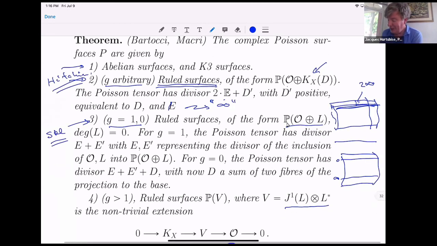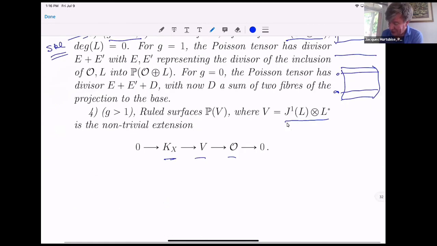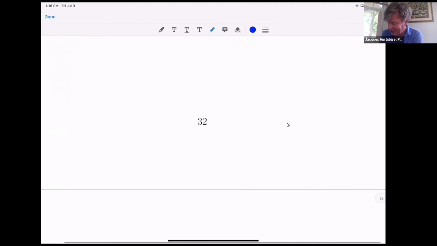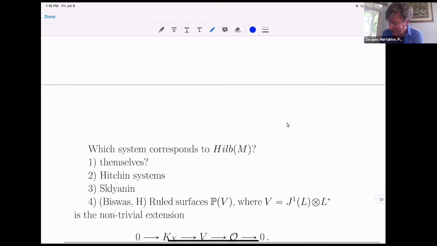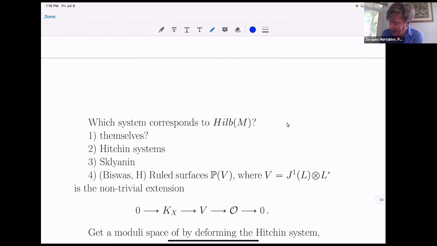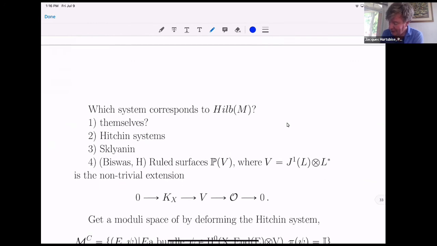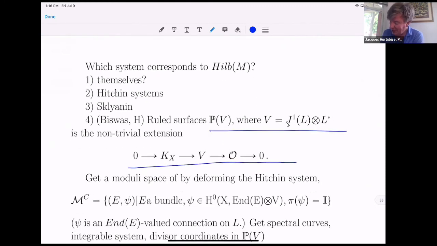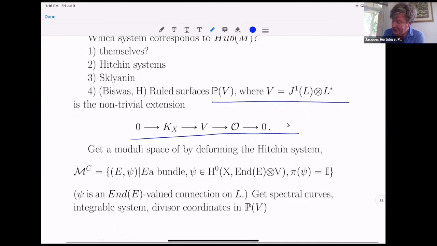And so the final question was, or the question we were discussing with Indranil Biswas, and so what does this correspond to? And it turns out there's a nice moduli space where you deform the Hitchin system.